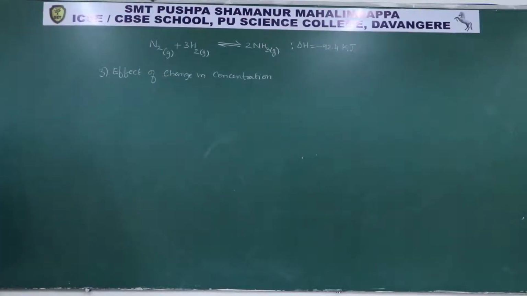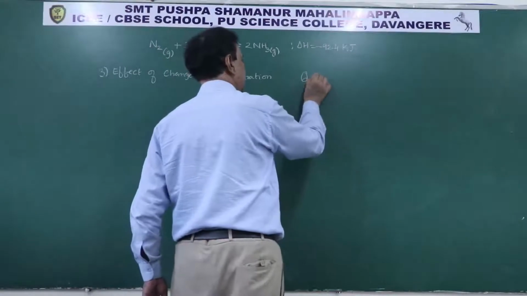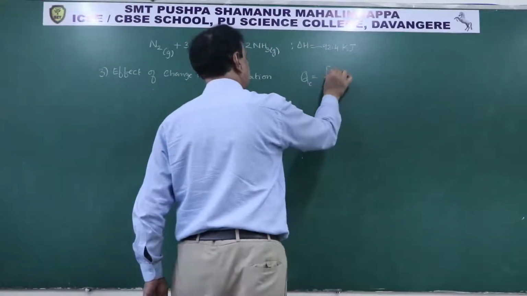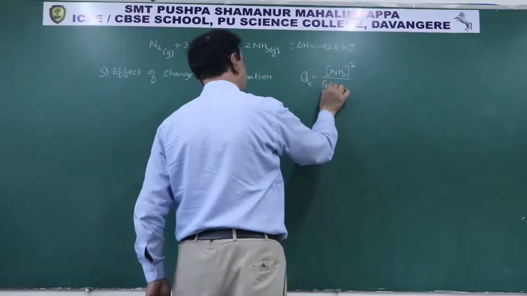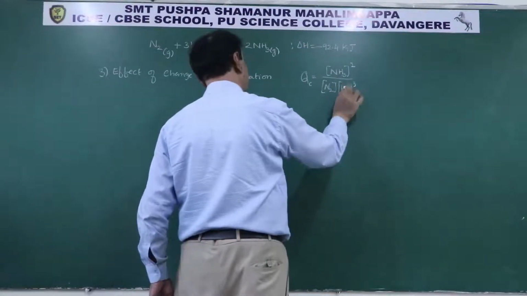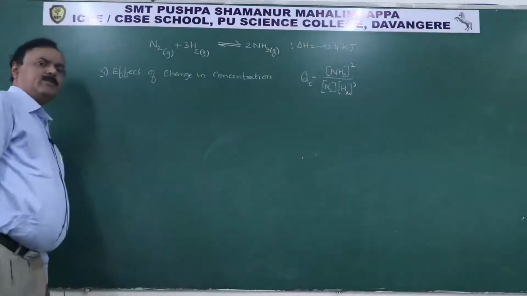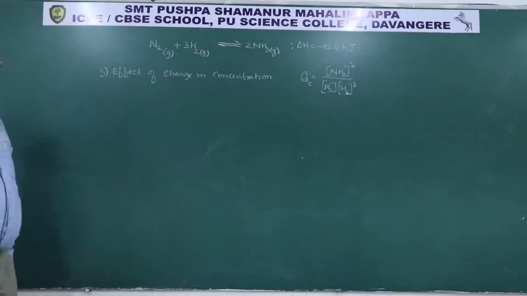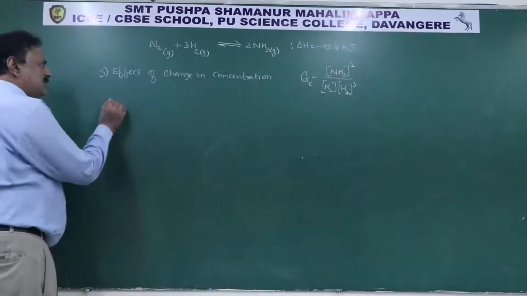You know that Qc is equal to, as we discussed yesterday, the concentration of ammonia whole squared divided by the concentration of nitrogen into the concentration of hydrogen whole cubed. Is it clear? What about Qc and Kc? Mention the differences between Qc and Kc.